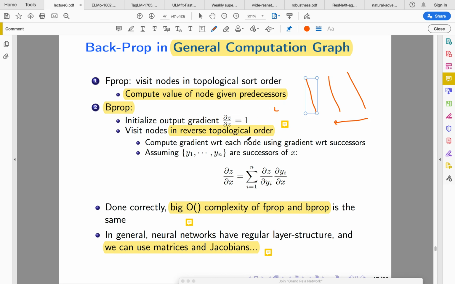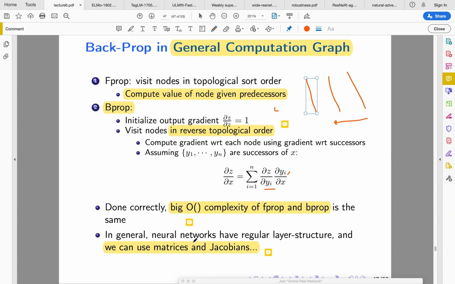You visit the nodes in reverse topological order and compute the gradient with respect to each node, like we mentioned in the examples we saw in earlier tutorials. So this is a partial derivative, and we have intermediary variables. If you want to do dz/dx, then you have to go through the intermediate variables. The forward prop and backward prop have the same big O complexity.